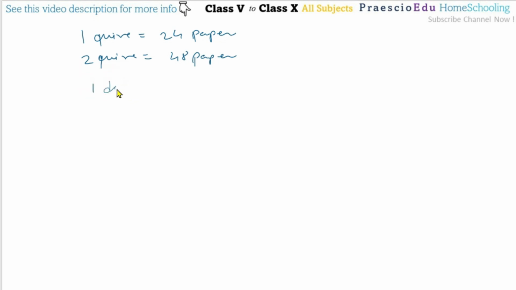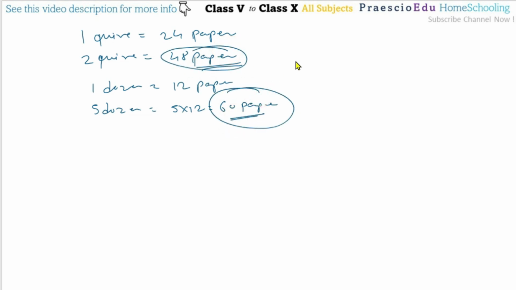So 5 dozen is equal to 5 multiplied by 12, which is 60 papers. We have to add these two. So 48 plus 60 is equal to 108 papers.